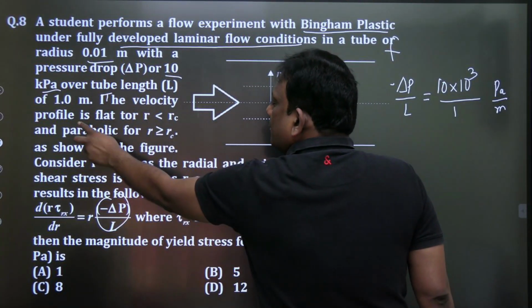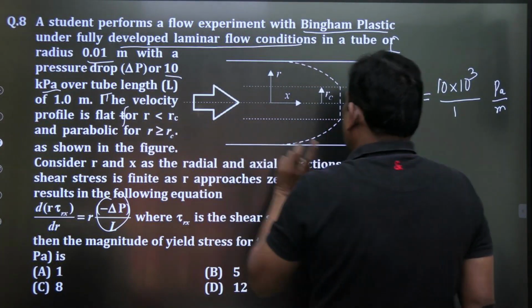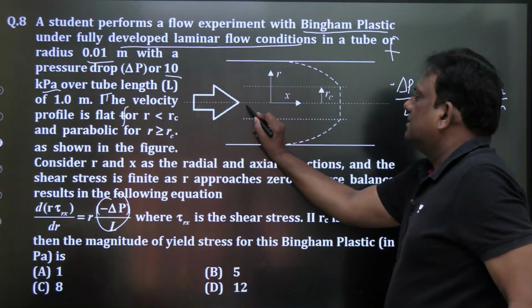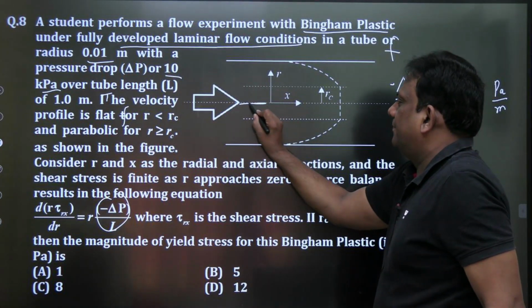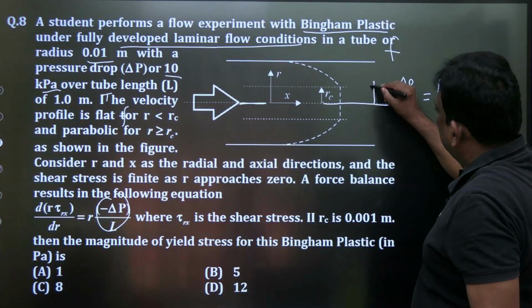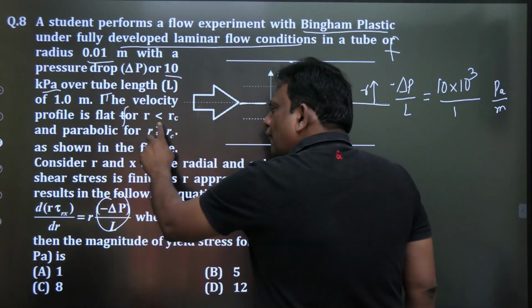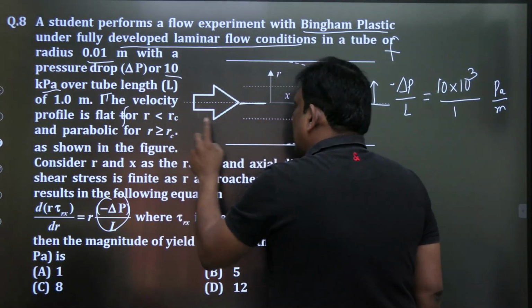The velocity profile is flat for R less than RC. Wait, sirs. This is the center of the pipe, and the radius is measured from the center. What is he saying? The velocity profile is flat for R less than RC.